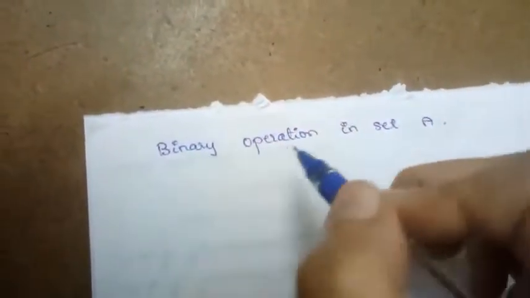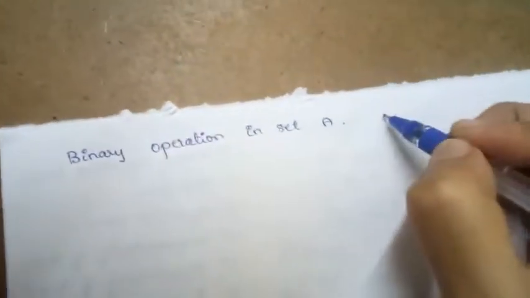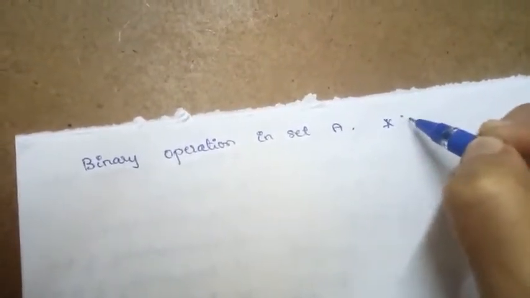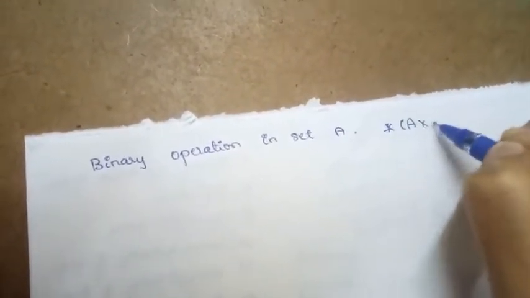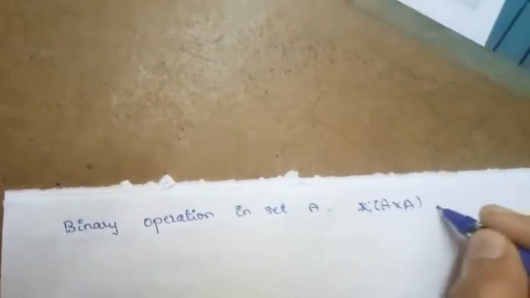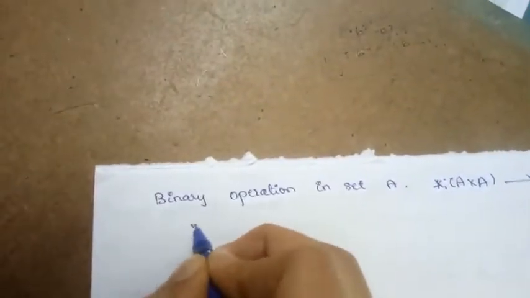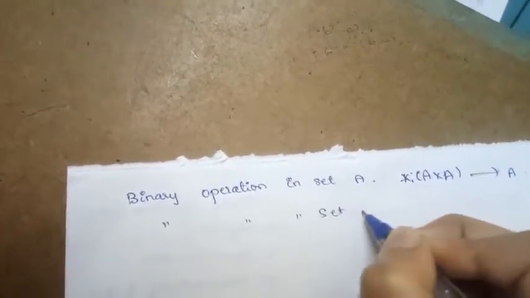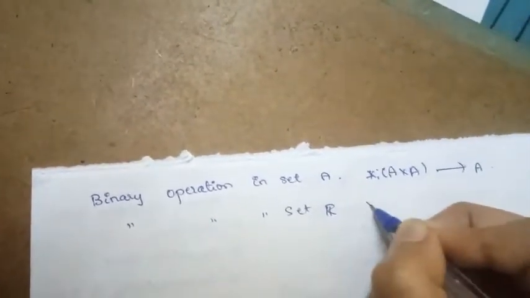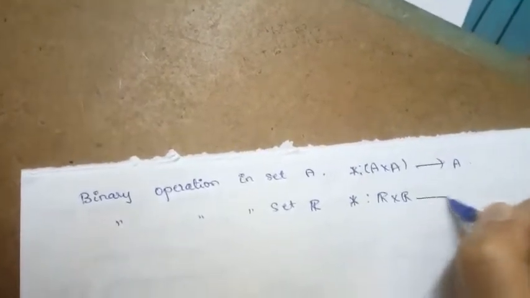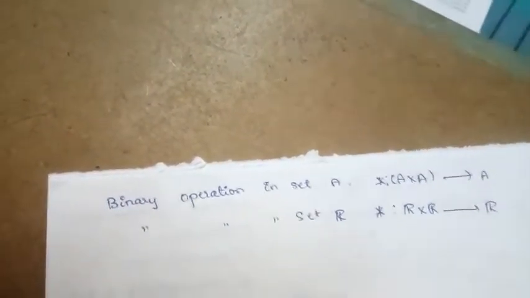This is how we denote the binary operation. So if I say binary operation in set A, what does that imply? Star such that A cross A to the set A. Suppose I say binary operation in the set of real numbers, at that time it will be star, such that R cross R to the set of real numbers.